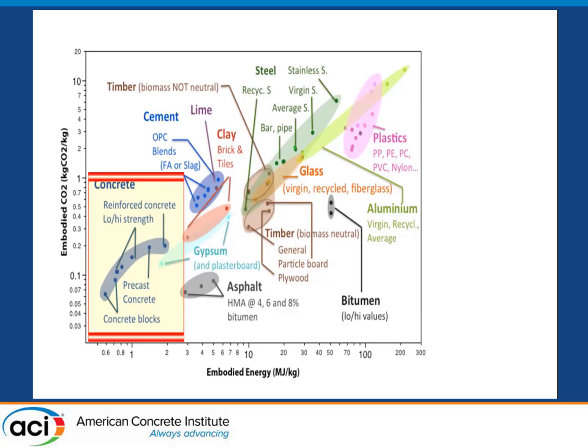An example here is if you look at this graph towards the timber section. Yes, timber may sequester CO2 when the tree is living and growing. However, when we cut that tree down and only 50% of the material is used for timber, all of a sudden we see higher impacts in regards to CO2 and embodied CO2 and the energy needed to make that product.